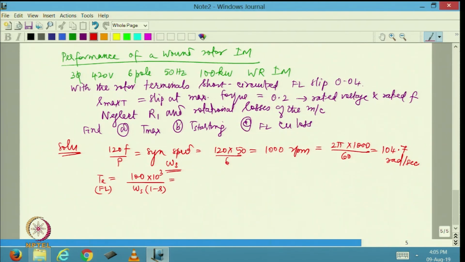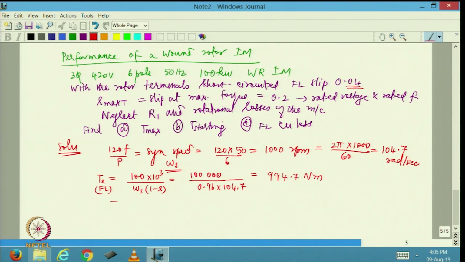So, 100 into 10 power 3, so this will be 100,000 divided by, 0.04 is full load slip, so I can say 0.96 multiplied by 104.7. This is going to be the electromagnetic torque at full load, right. That can be calculated, that is not a big problem. Now, that comes out to be, I think, 994.7 Newton meter. Please verify the calculations because I have just done it quickly.